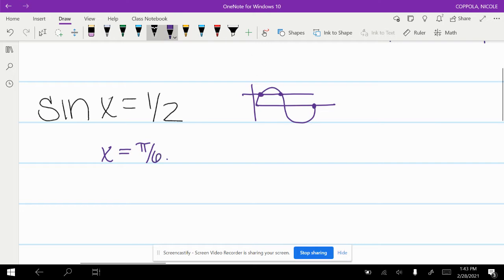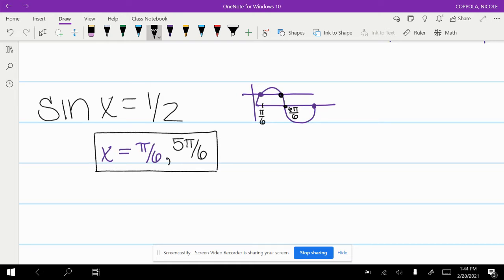So that's this first slot, pi over 6. But now I also need this other spot. We know this is 6 pi over 6, and since we're counting in increments of 6, we would go back one to get 5 pi over 6, which would be our final answers between 0 and 2 pi.